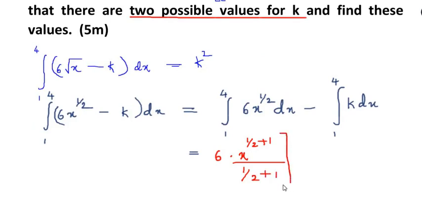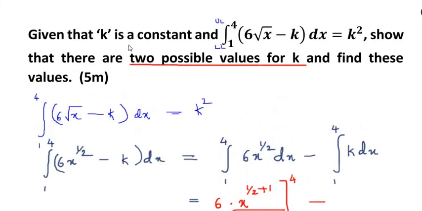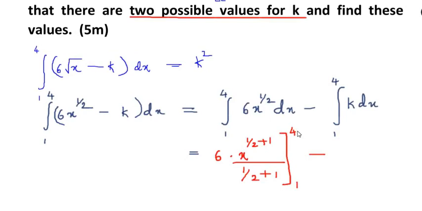Remember to put the limits, that is from 1 till 4. Now in this case k is a constant because here it's mentioned, and we know that the integration of a constant gives us k times x. So we are going to integrate it as 1 and till 4.